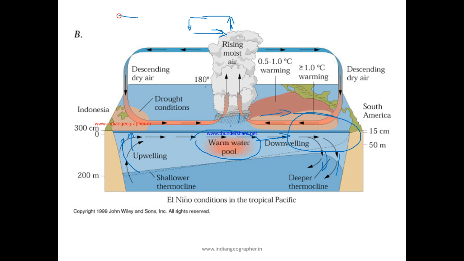In normal condition it is like this. Right, so in normal condition you have cloud cover, rain, etc. And this is during El Nino, right?